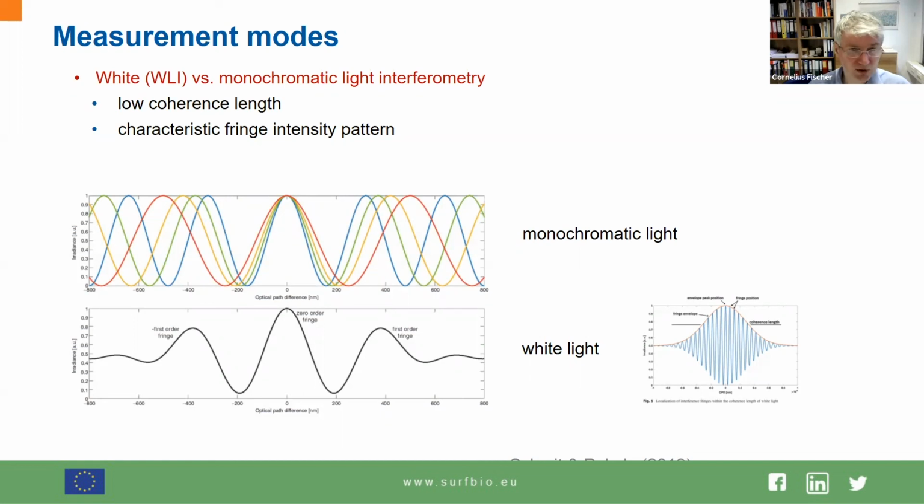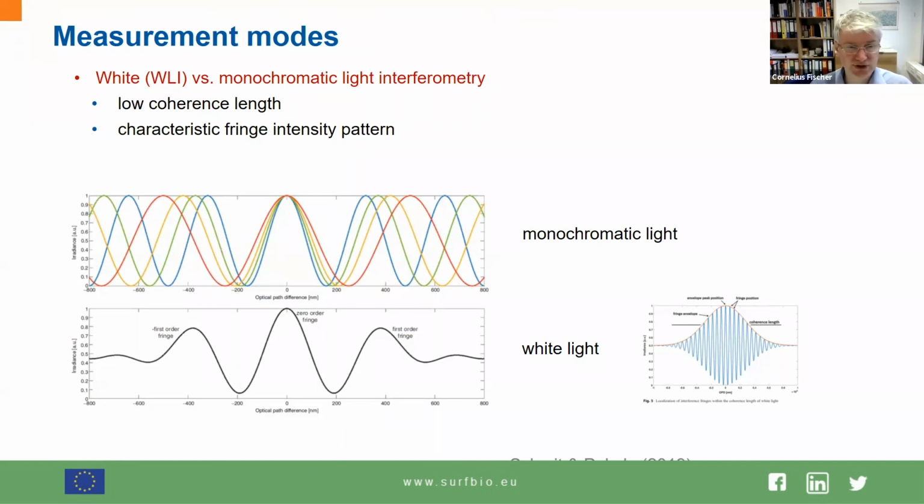If you have multiple wavelengths included, you are going to superimpose things. This happens when you use white light in contrast to monochromatic light. As a result, the shape of your fringes is highest at the zero order situation, and there is a dampening towards both sides.